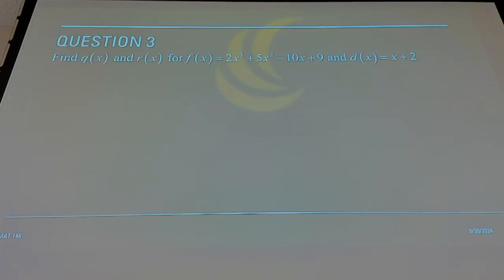So that is x minus what? x minus negative 2. Your k is negative 2.